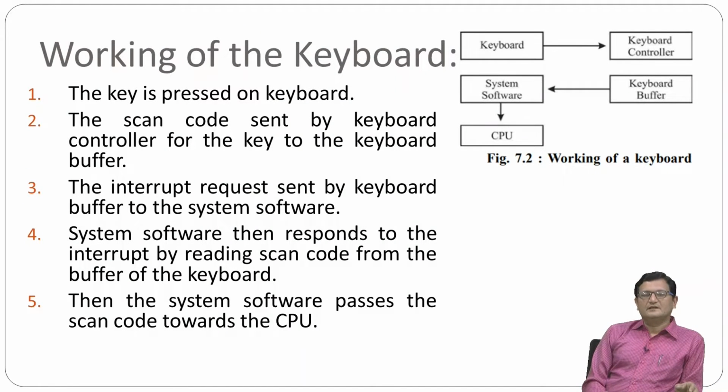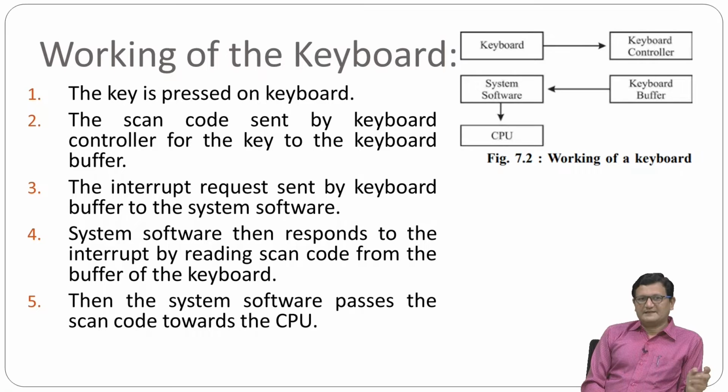Okay, now how does the keyboard function, right? Obviously, if you want to type a particular character, we need to press the key on which that character is written. After pressing the key, what actually happens inside the keyboard? We are now trying to focus on that. First, the key is pressed on the keyboard.